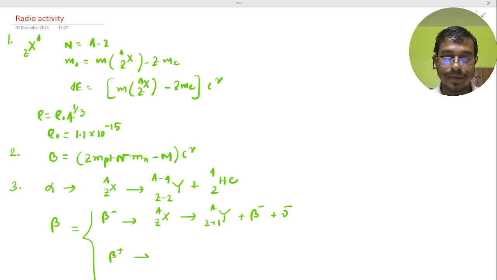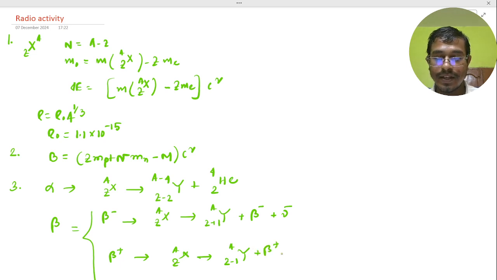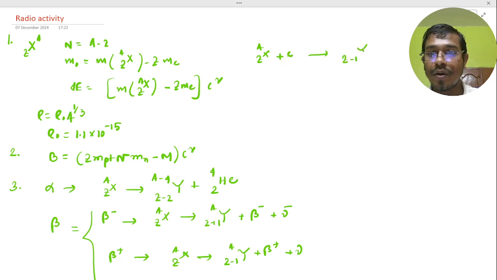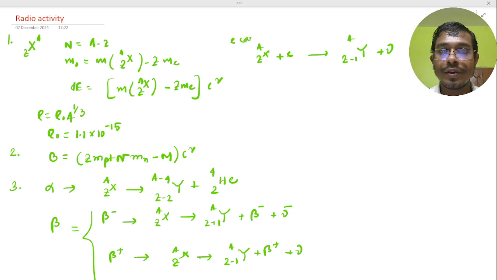And the beta positive decay would become ZXA to Y with Z minus 1, A, plus beta positive, with emission of nu. A similar process is known as electron capture: ZXA plus electron gives Z minus 1 Y A plus nu, electron capture.